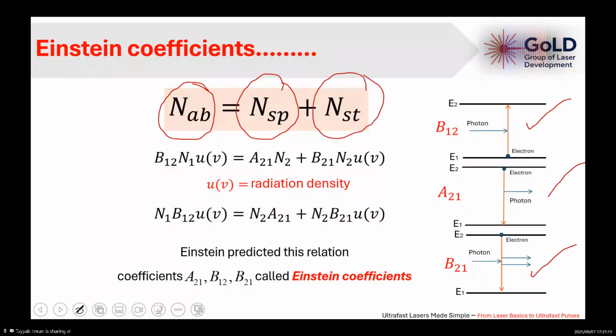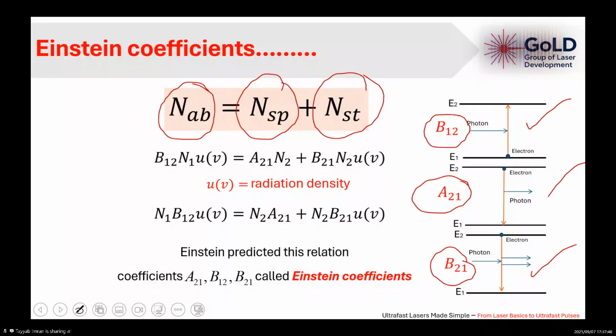The absorption case we can call B12, and in the case of spontaneous emission, the electron comes from up to down, A21, and in the case of stimulated emission, we are forcing the electron to jump from up to down, so we call it B21.